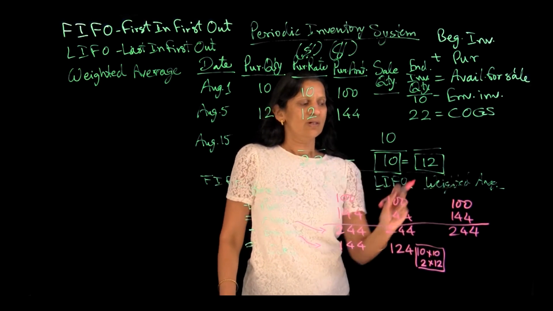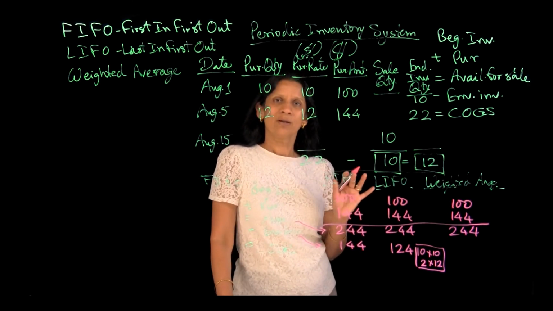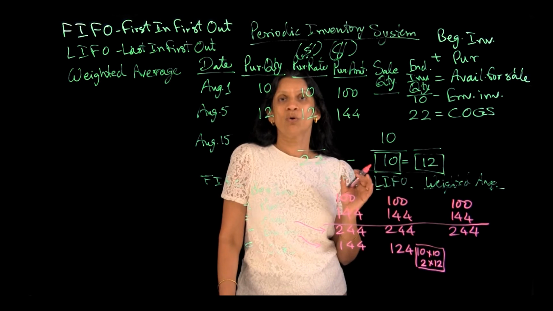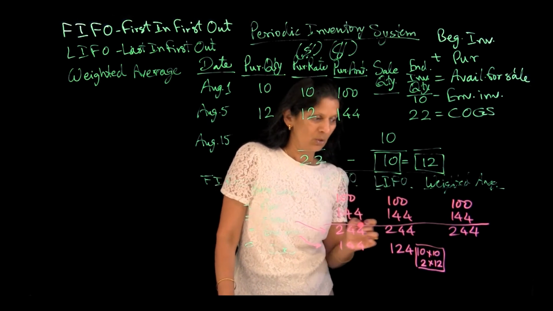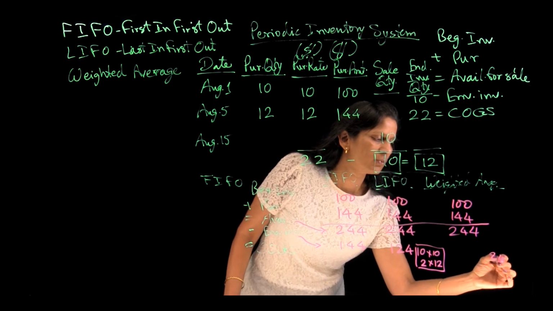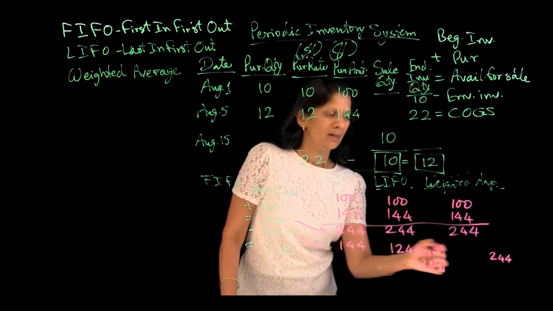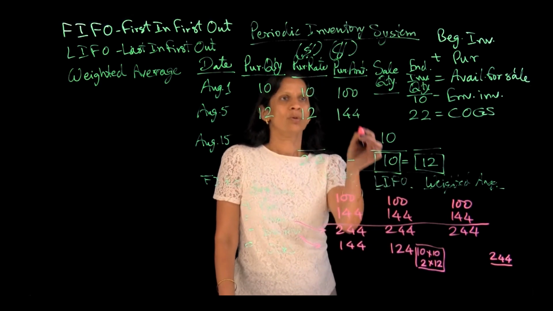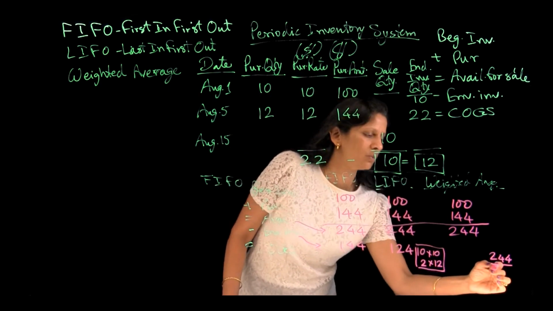And as far as weighted average is concerned, all we are going to do is look at the average cost of whatever we have available. So what we have available is 244 worth of inventory, and we had purchased a total of 10 plus 12, that is 22 items.